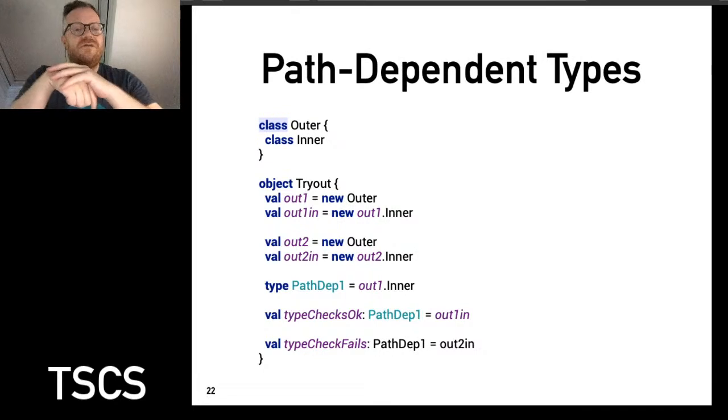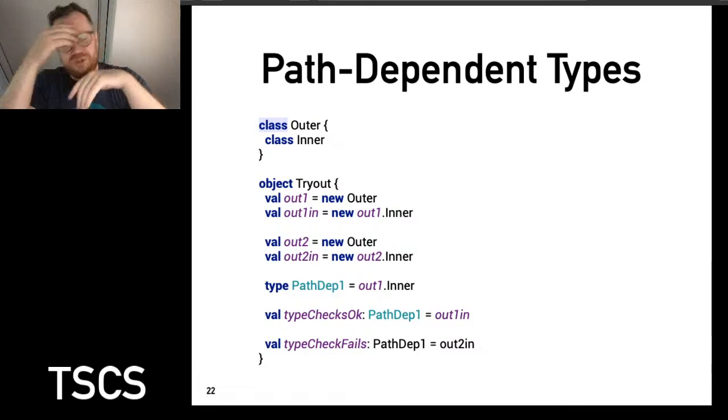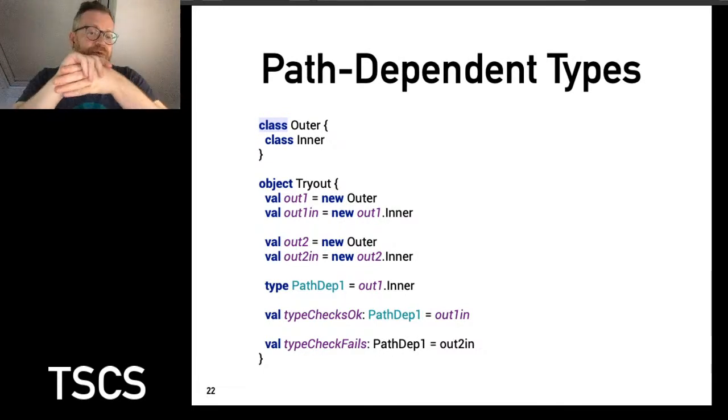So let's say you have an outer class which contains an inner class, and then you have an object that gives you an instance of outer, and then you see the inner class of that out1 object. And you do the same with the second instance of outer.